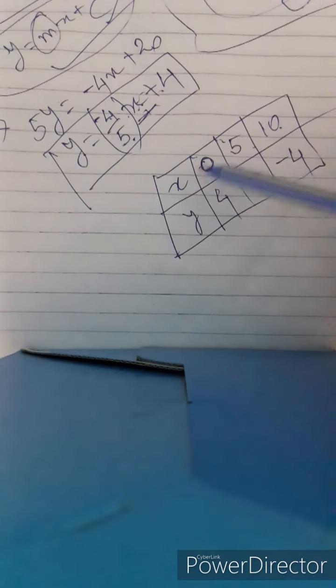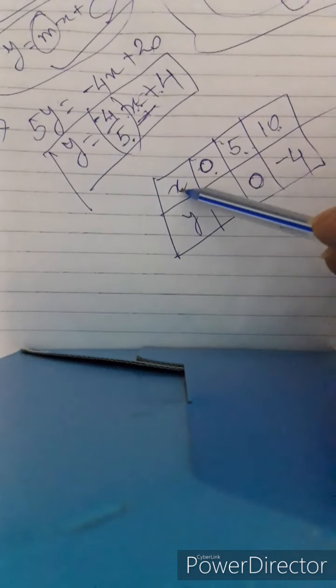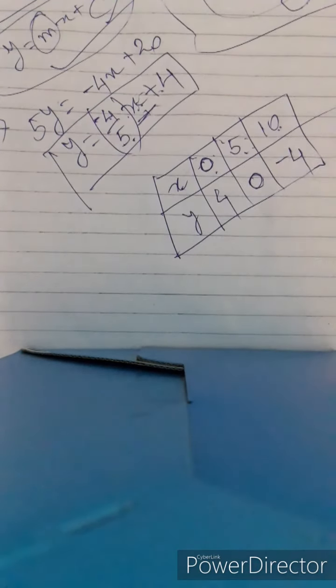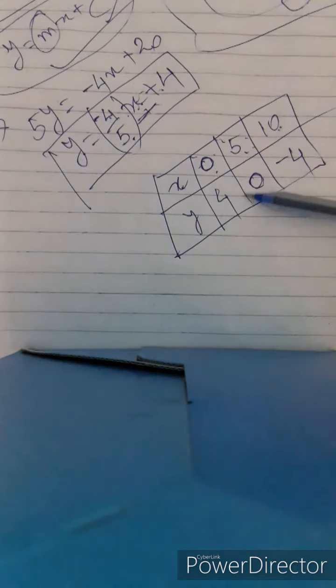So for the values of x, 0, 5 and 10, the value of y becomes 4, 0 and minus 4 respectively. Now we have to plot this in a graph.